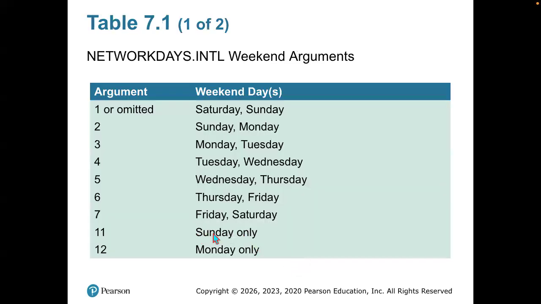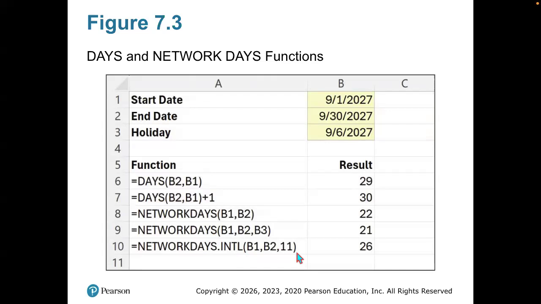11 is Sunday only. This is going to say every Sunday is a holiday. The previous one, B3, is saying the only day you get off is on the 6th of September. So, variety of different ways of calculating the days between things. But under the hood, all it's really doing is just subtracting one of these days from another because all these guys are just numbers.